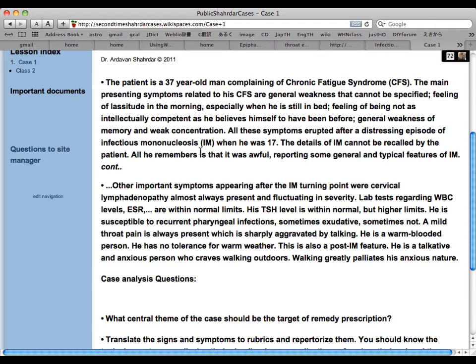The patient is a 37-year-old man complaining of chronic fatigue syndrome, CFS.